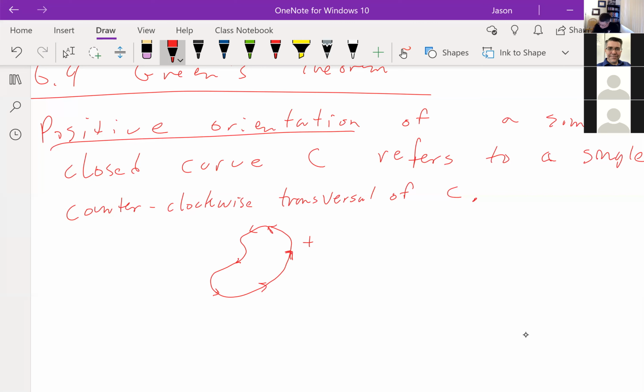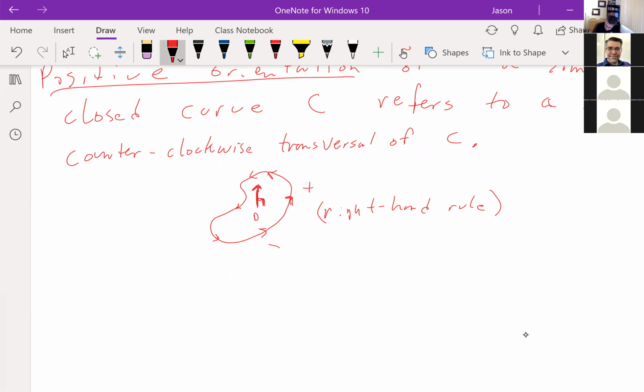Resume my sharing. There we go. Think of it coming up, right? So this is the right-hand rule. So if we had a negative orientation, then it would be going down from D.